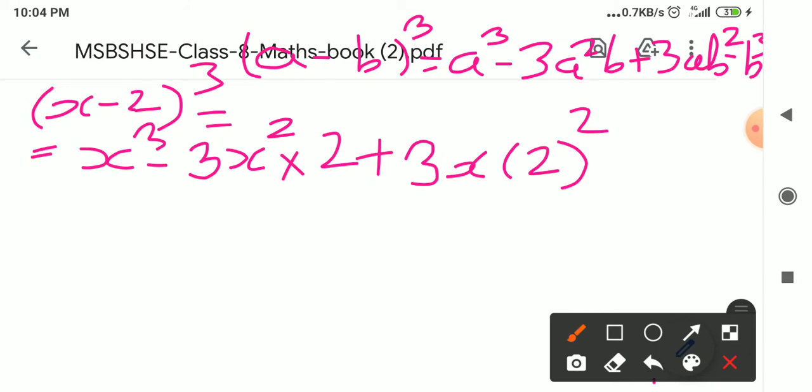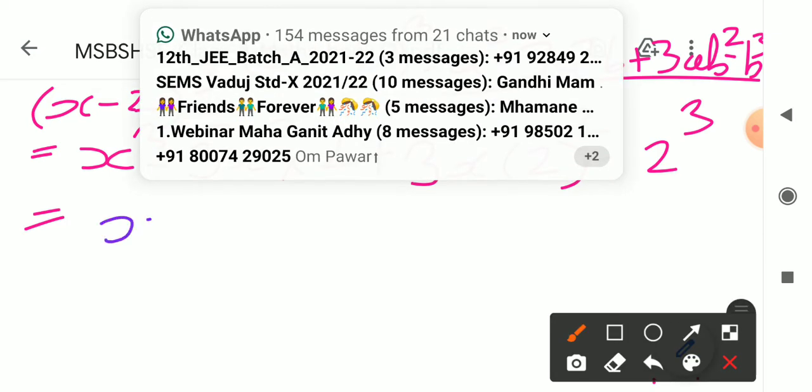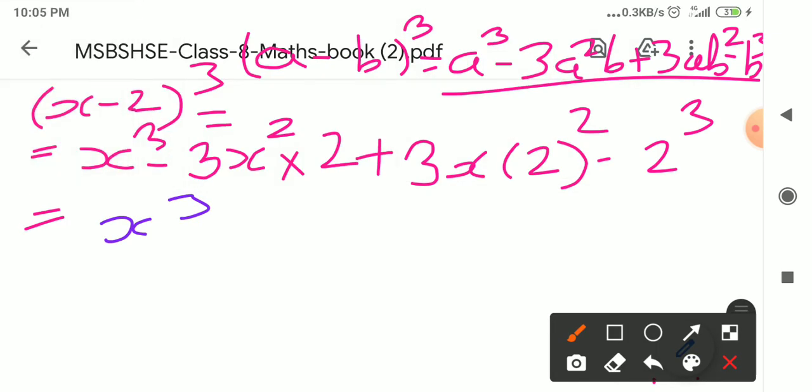And at last, negative b cube means minus 2 cube. So according to the formula, the same way we have done here, it's a factorization. So let us solve this. We will take the first term cube, it remains as it is, x cube.